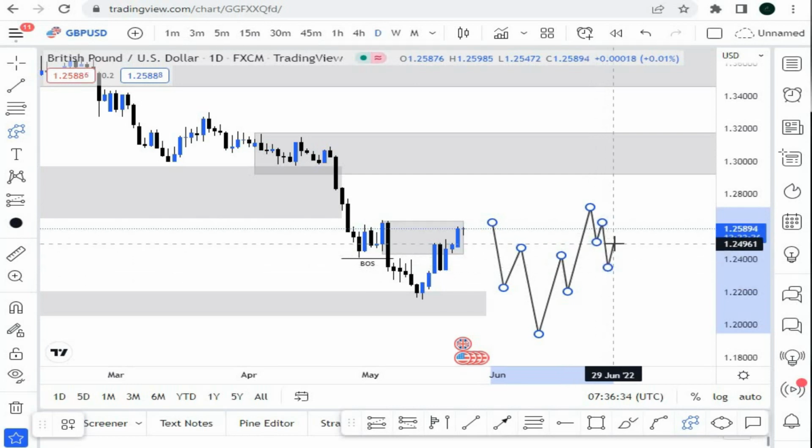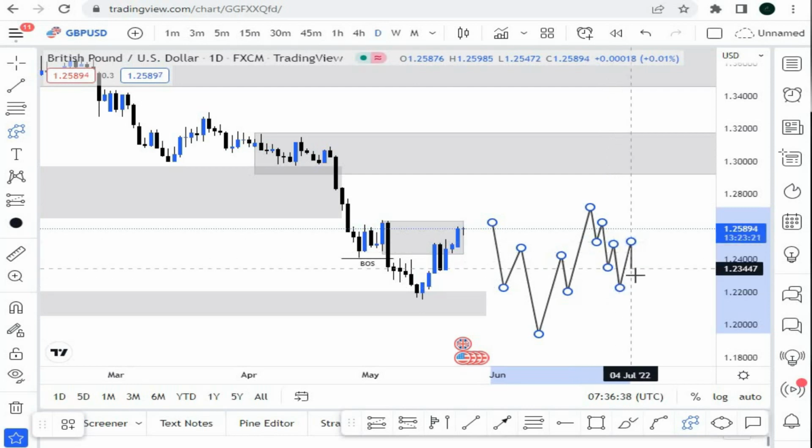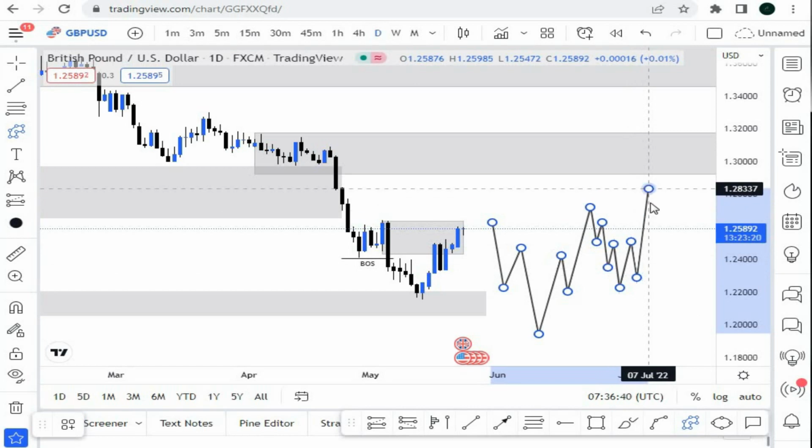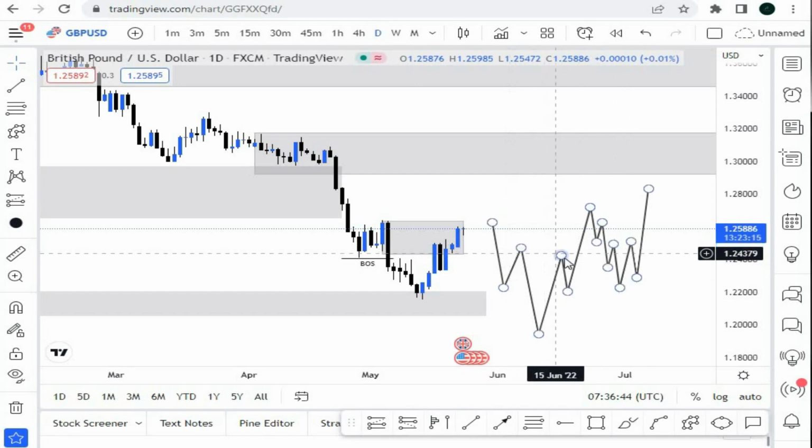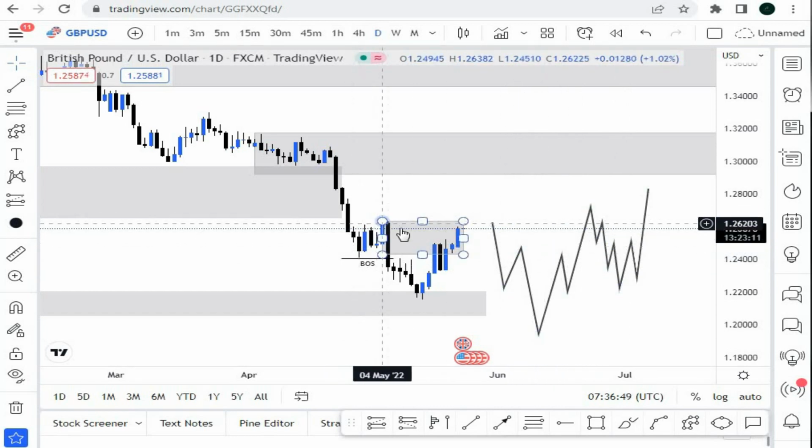A correction, something like this, and then the price will pick up the orders, give you another change of character, and then the price will continue going up, because they will change the character after breaking this zone area, meaning this is where our last lower high is.